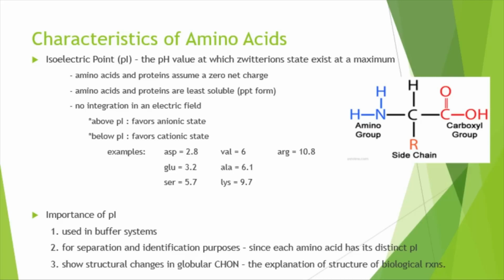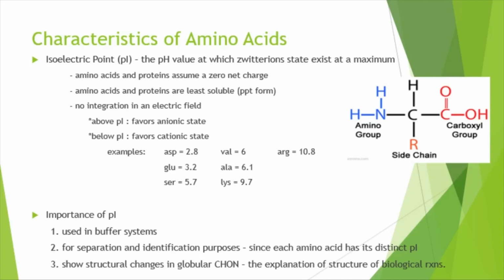For example, here are the isoelectric points of different amino acids: aspartate 2.8, glutamate 3.2, serine 5.7, valine 6, alanine 6.1, lysine 9.7, and arginine 10.8. Those are the isoelectric points of some amino acids.